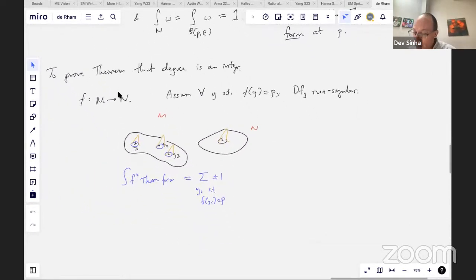But in fact, the proof leads to this alternate, sort of more basic, if you will, definition of degree. And so let's go through some examples.